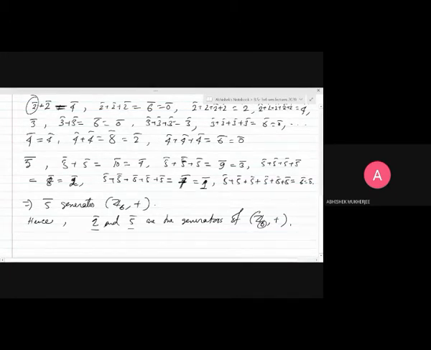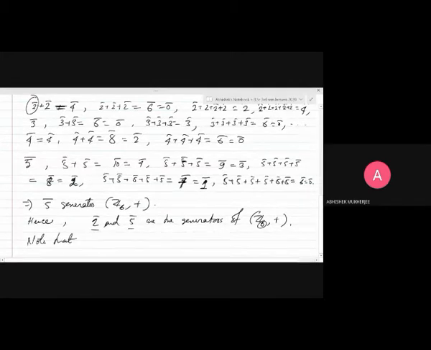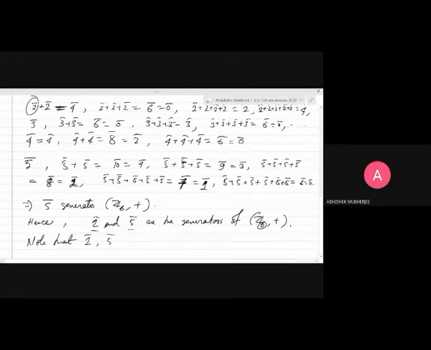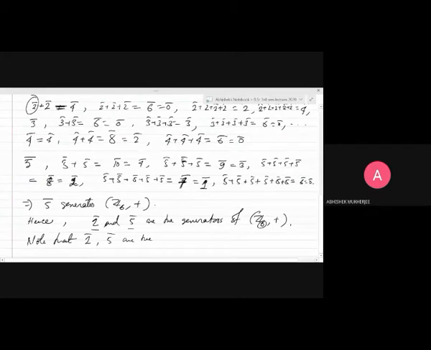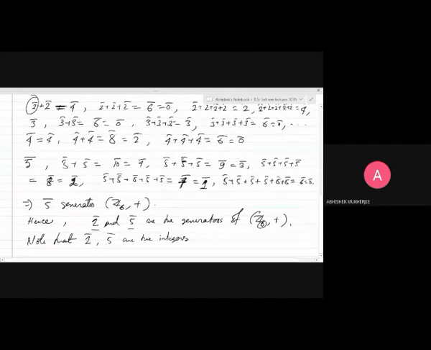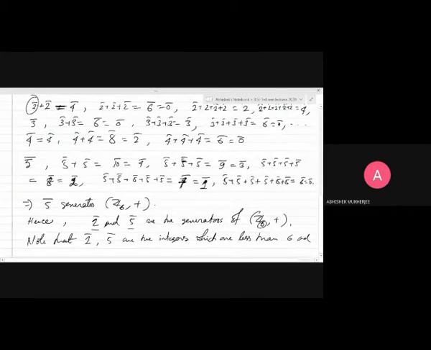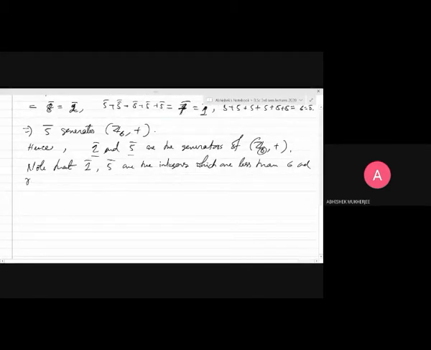What is that? Note that 1 and 5 are the integers which are less than 6 and relatively prime to 6, right?